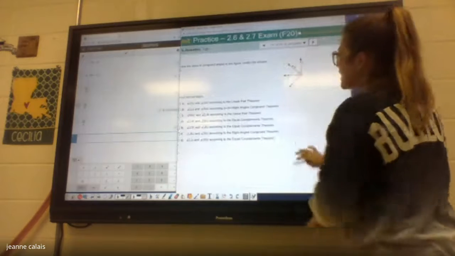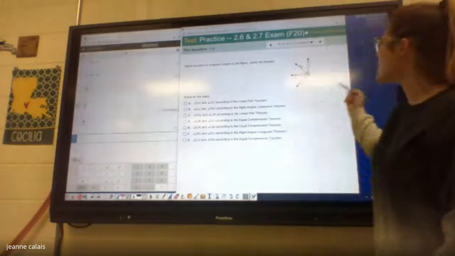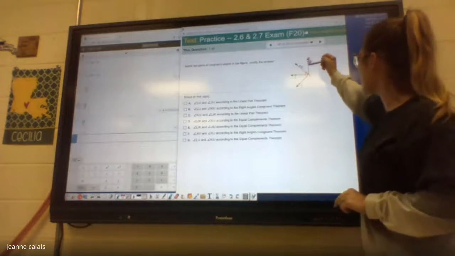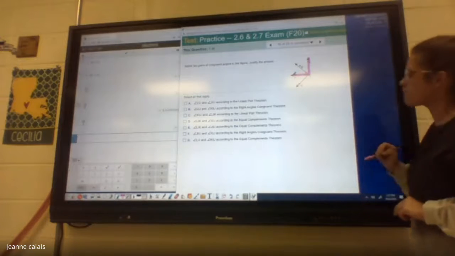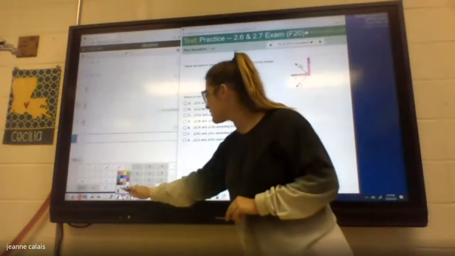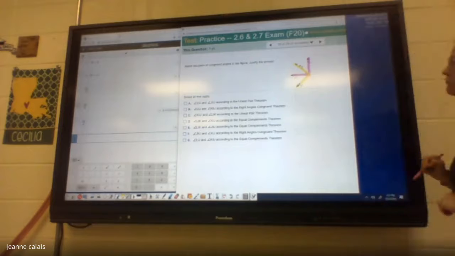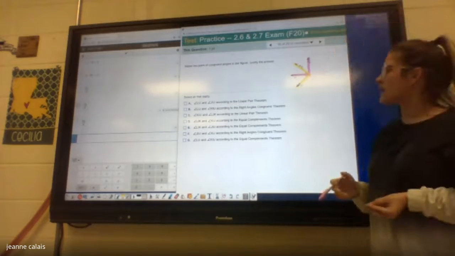All right, so here you want to select all that apply. First of all, I have 2 right angles. Here that's JIL and KIU. All right angles are going to be congruent.